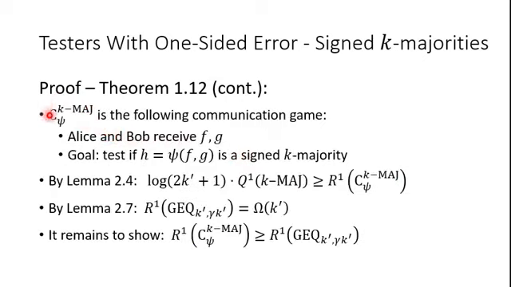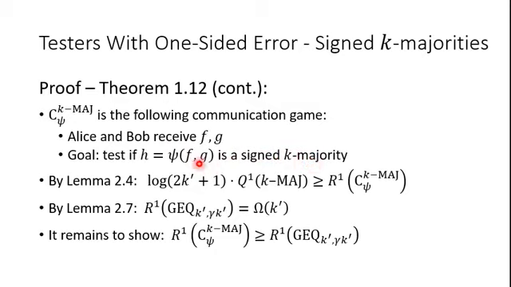And we will also define the following communication game. So this communication game with this notation means that Alice and Bob receive f and g, and their goal is to test if h, which is psi of f and g, is a signed k majority or far from a signed k majority.